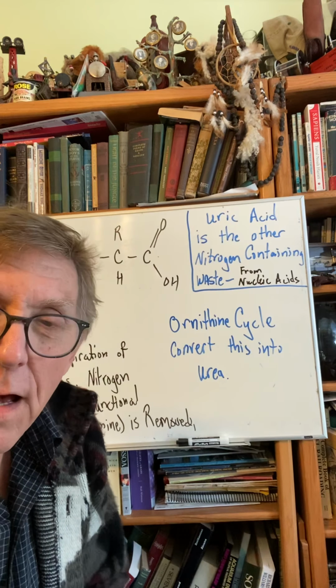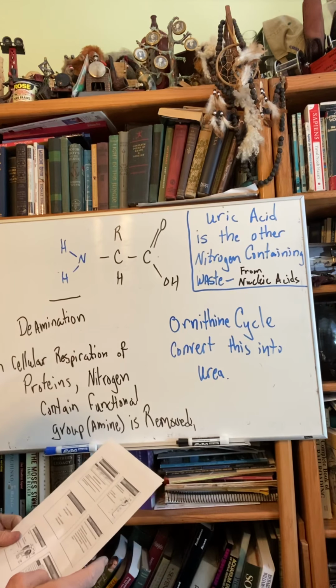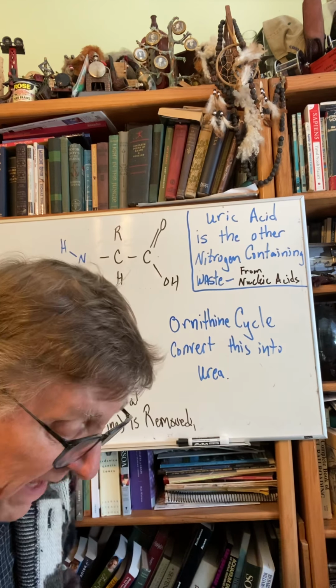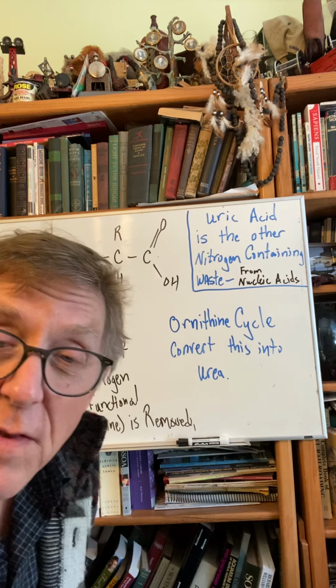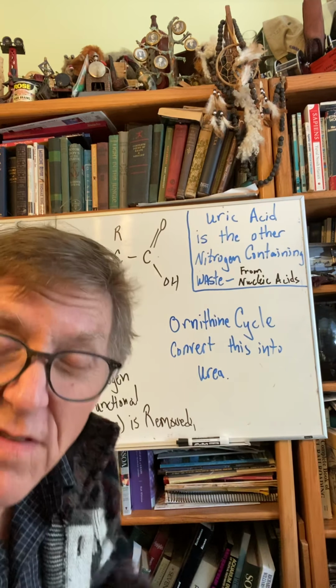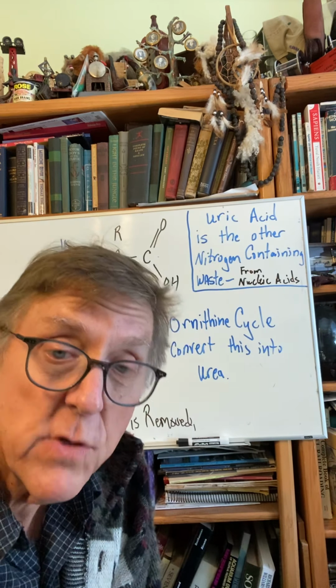Now we have some tests that are done to determine functionality of your kidneys, and one of them is something called an inulin test, and this is slide number 10. We talk about tests used to study renal clearance. That's just a fancy way of saying how well your kidneys are functioning.